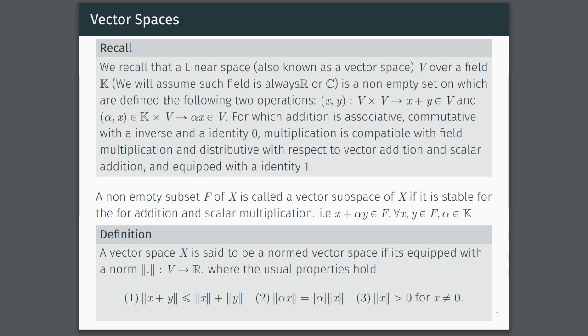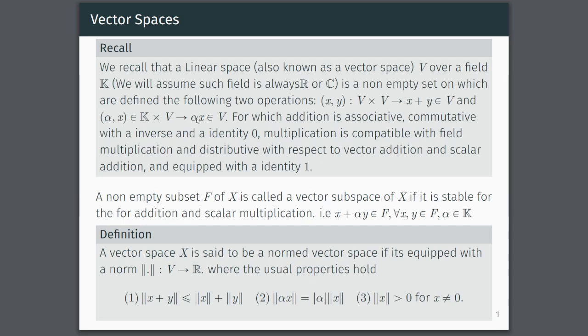Okay. And we have two operations, which are addition and scalar multiplication. These are trivial things. Of course, addition has to be associative and commutative. It needs to have an inverse and an identity. And multiplication needs to be compatible with the field multiplication.